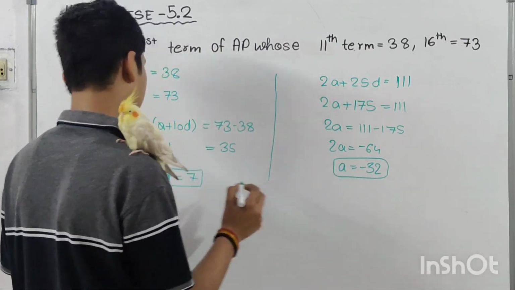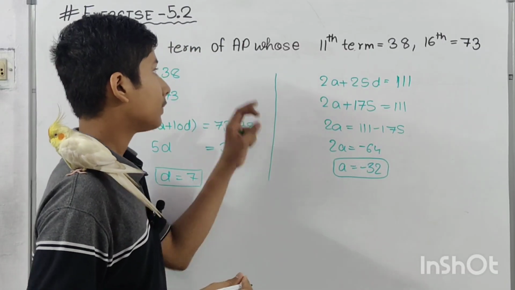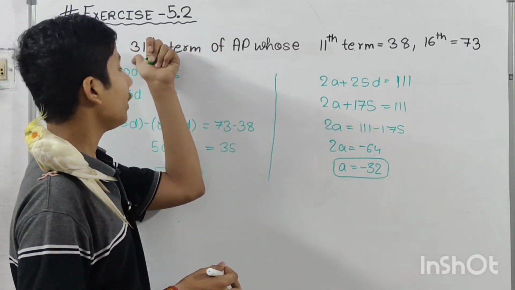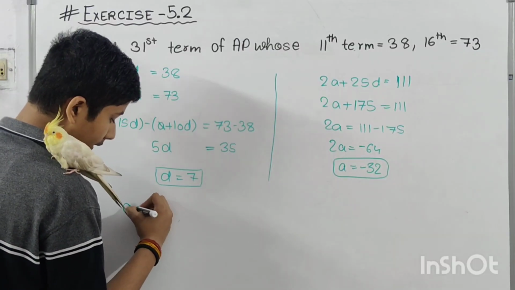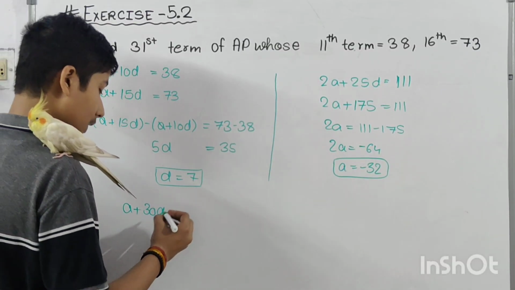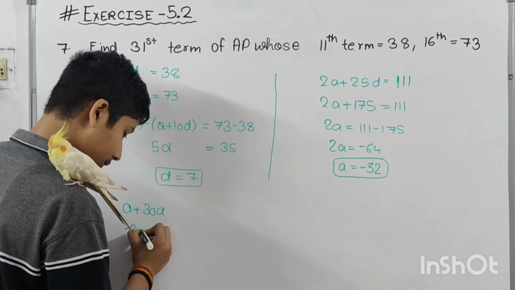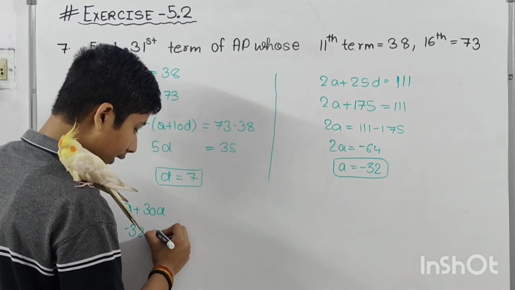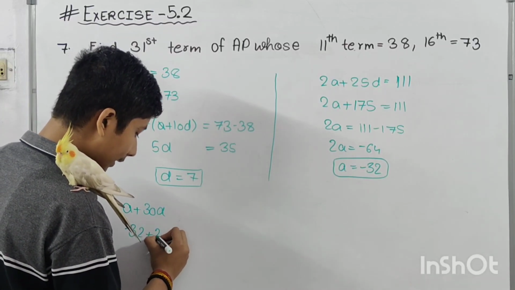Now the first term is this, d is this. So what we will do is just put the values and find the 31st term. a plus 30d. So a is minus 32, 30d is 30 times 7, which is 210.